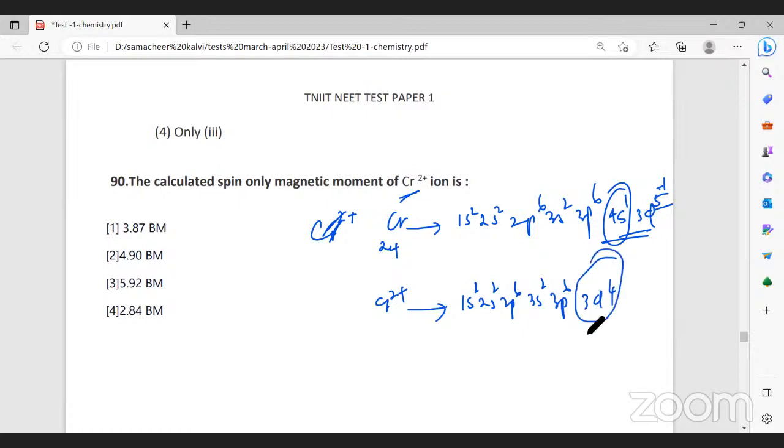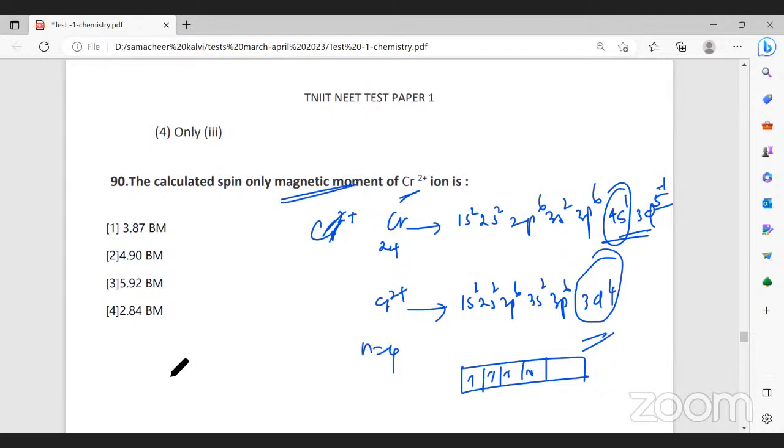You'll have 3d4. Now, if you take the d subshell, it has 5 orbitals: 1, 2, 3, 4, 5. We have 4 electrons. We can write 4 electrons like this. This is 4 unpaired electrons. So n is 4.